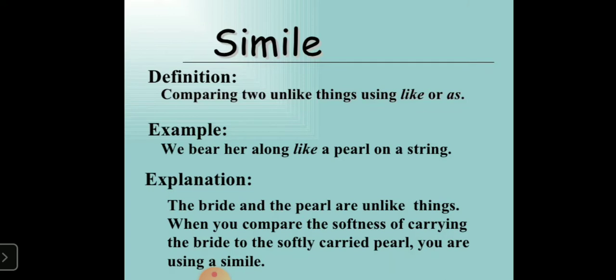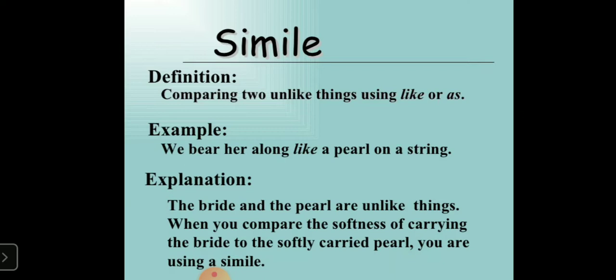For example, the same example will come over here as I was defining. We bear her along like a pearl on a string. So the bride and the pearl, they both are unlike things. The bride is a human being, the pearl is an object. So how can they be similar? But they are compared with each other.